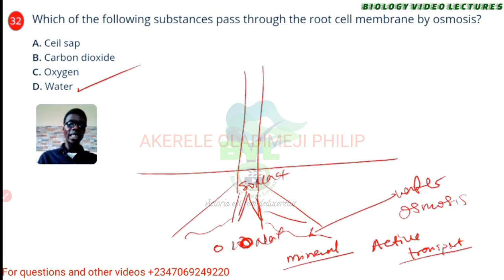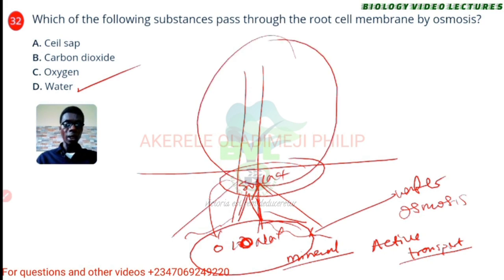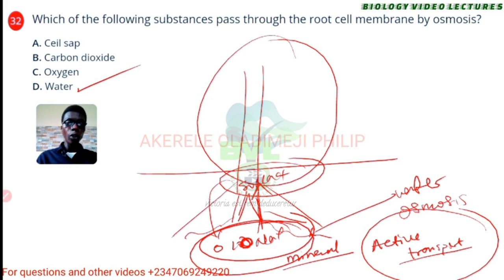From the law of diffusion, it is expected that sodium will move from here to the soil, but that is going to be bad, because it means that this plant will end up dying. But according to nature, from where it is little, we want it to still move to where it's more, because this plant needs to keep growing. So what happens is active transport forces the few sodium to where it is more.